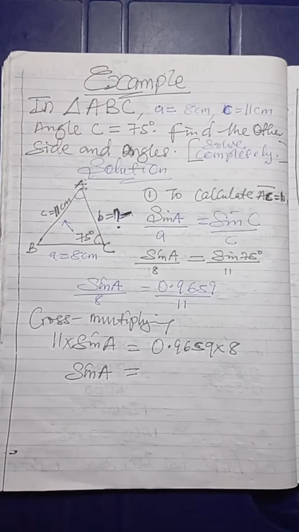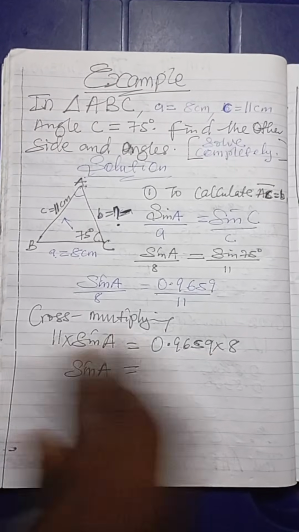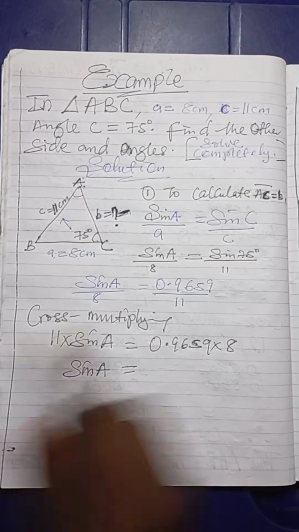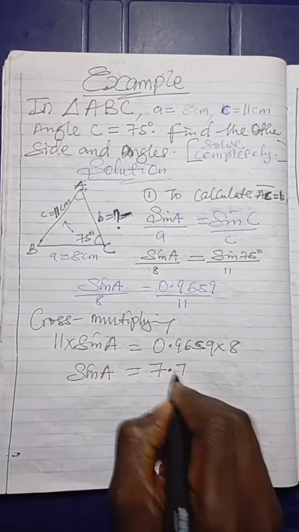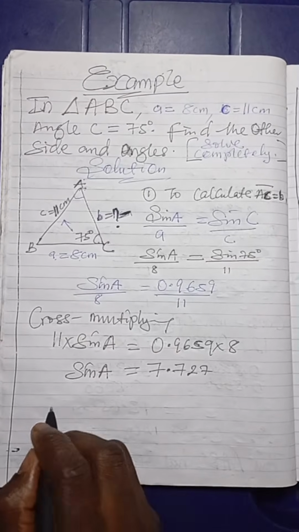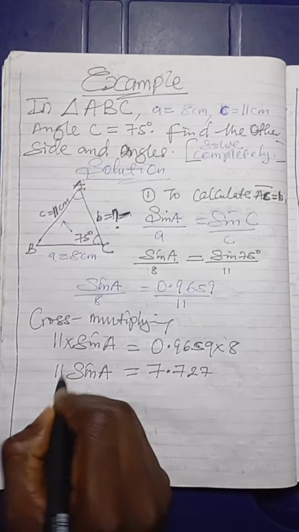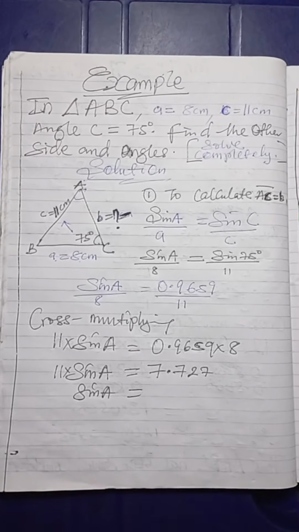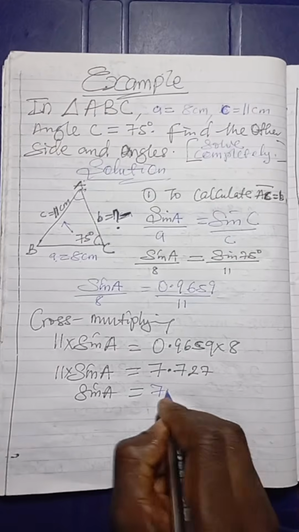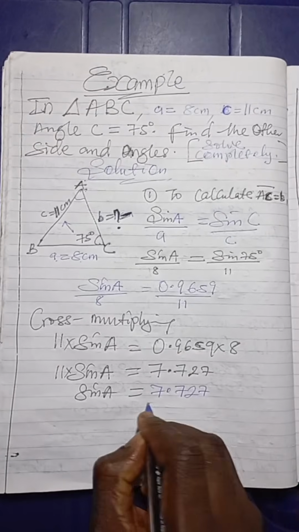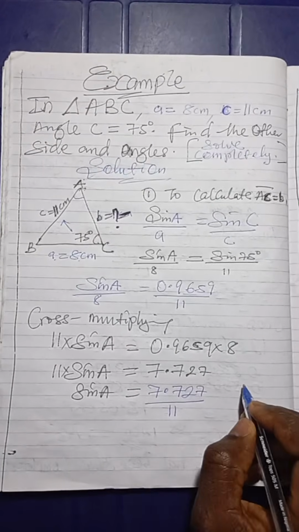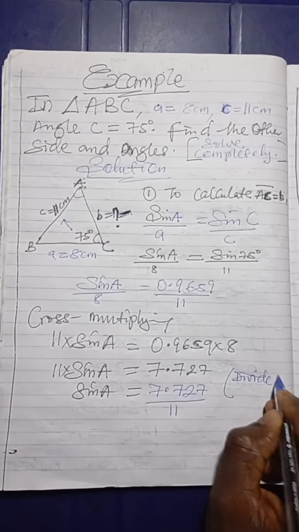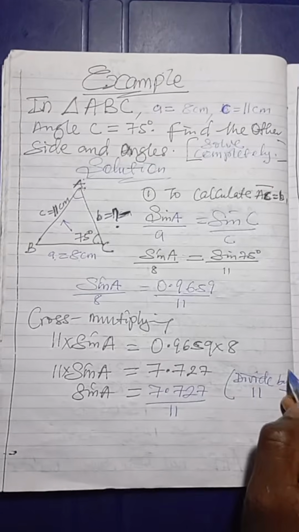So that sine A will now be sine 75 times 8. We are having 7.727. Okay, remember this is 11 times sine A. So that sine A will be 7.727 divided by 11.